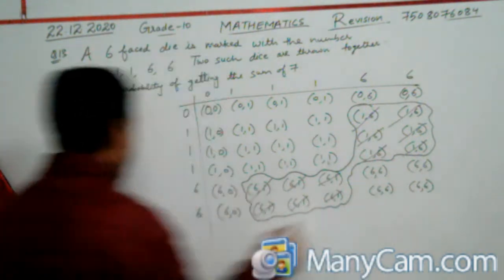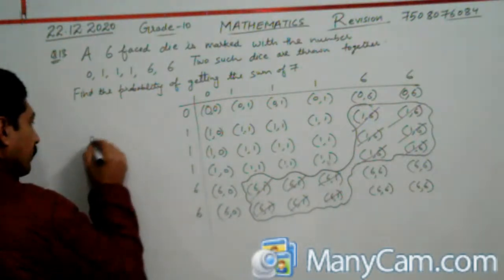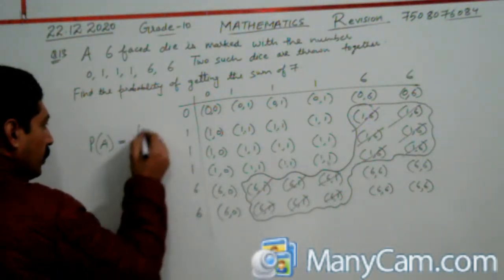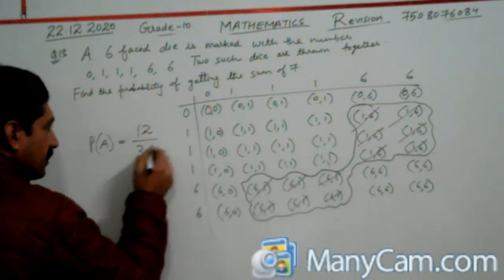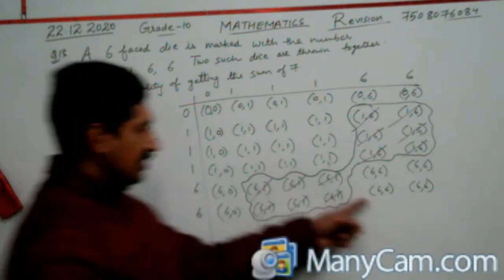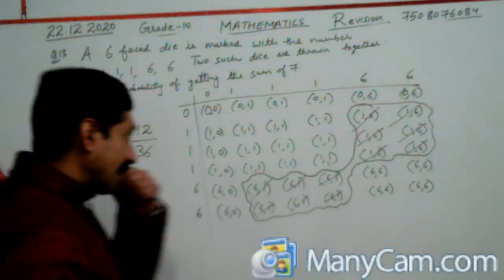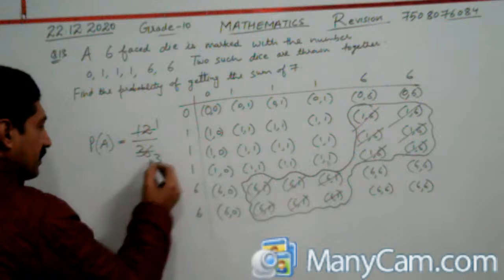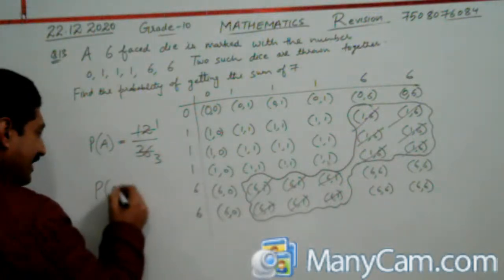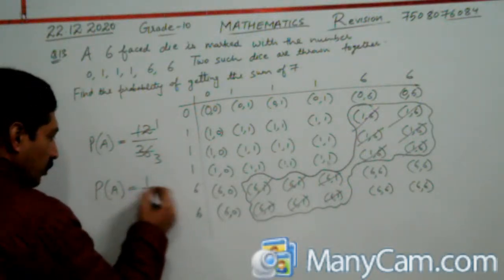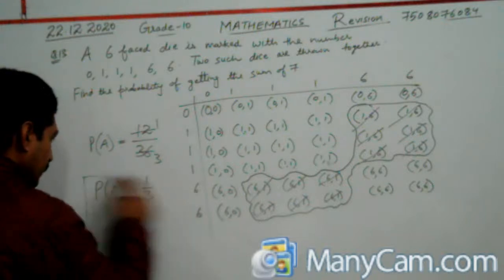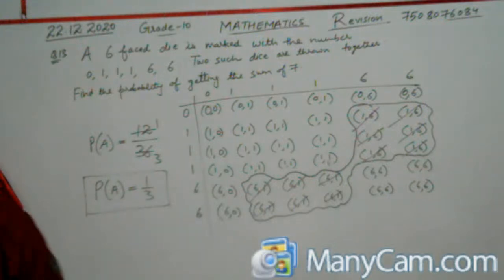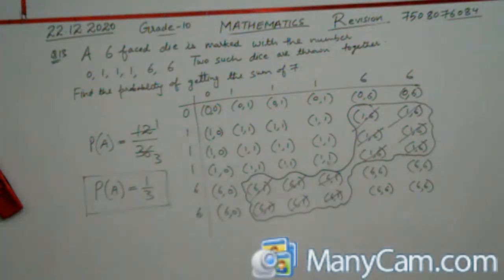So probability of the event is 12 by 36. You can check here, it is 12, 12, 12, and so 12 ones are 12, 12 threes are 36. So probability of event A is 1 by 3. What is the probability of event A? That is 1 by 3 here, right?